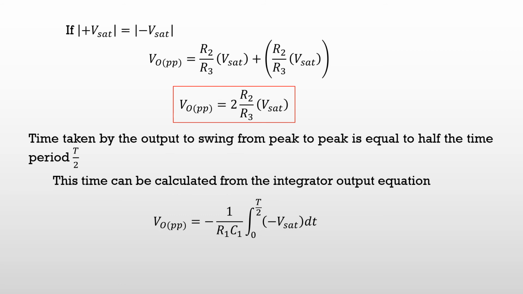Substituting this and integrating this expression, we get V naught peak to peak equal to Vsat divided by R1 C1 times T divided by 2. We get a positive slope for the output voltage. From that expression, we find the time period.